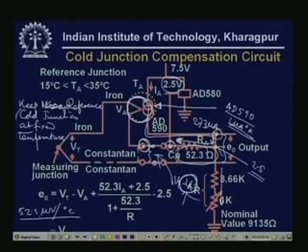So this point will be at a higher potential by exactly 52.3 microvolt. So as this potential falls, this potential is going to rise by the same amount. So the E0 will not be affected by the change in this Va. This is what is cold junction compensation.